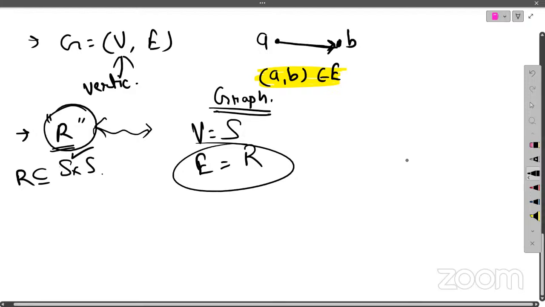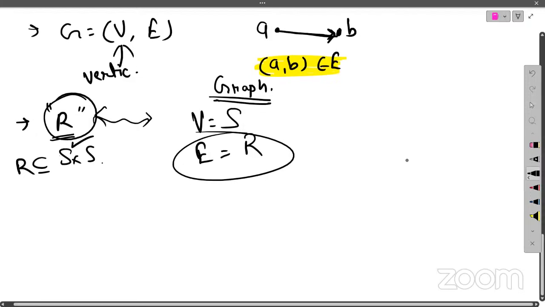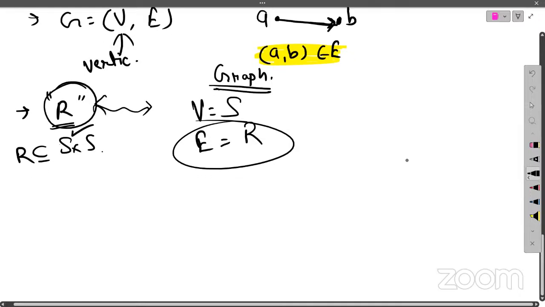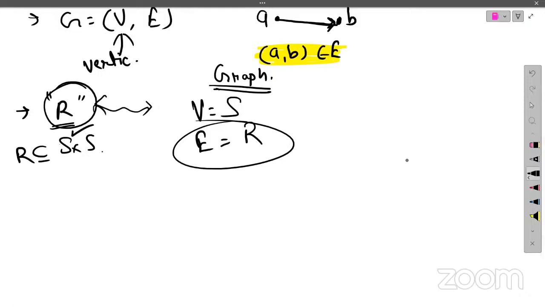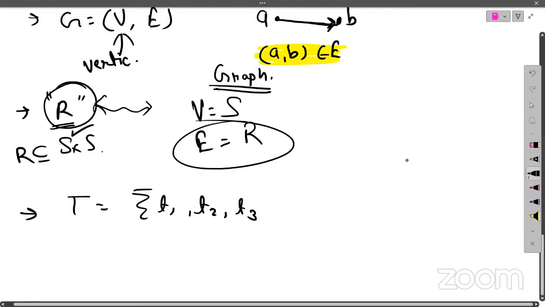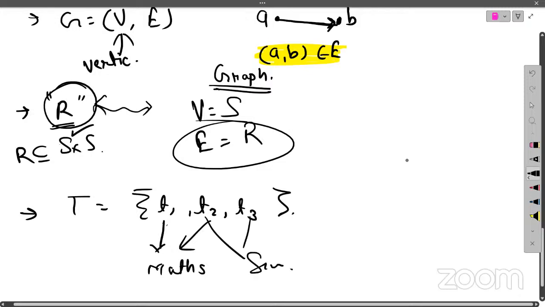There are two basic relations discussed in the lecture. One is the teacher-course relation. If you have a class, and you collect the teachers teaching some courses, and you also collect the courses, then combining these two sets, suppose we have teachers T1, T2, and T3. Teachers T1 and T2 teach maths, T2 and T3 teach science, and T1 also teaches Hindi.